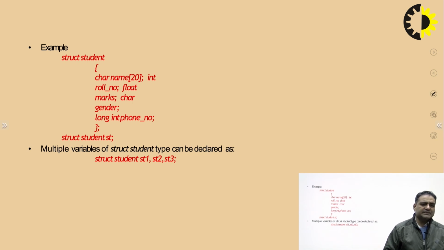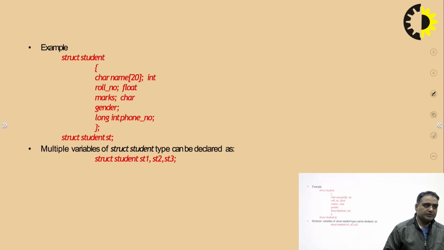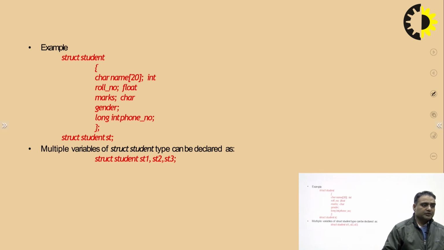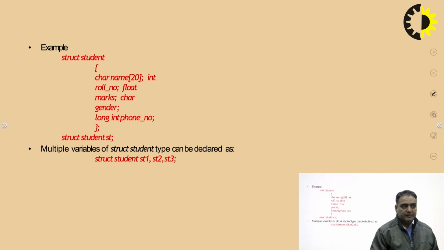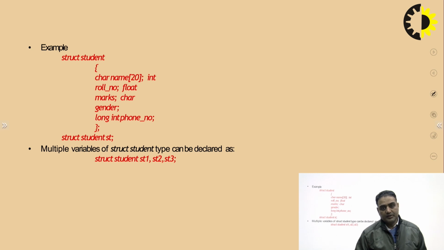You access these member elements through the dot operator: st1 dot name, st1 dot roll number, st1 dot marks, st1 dot gender, and st1 dot phone number.